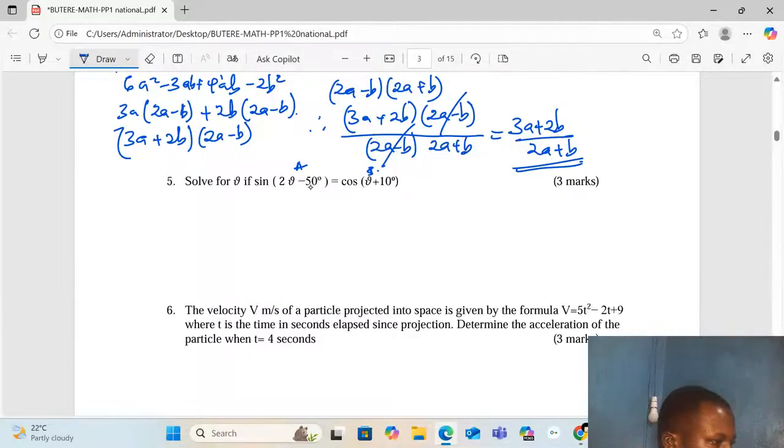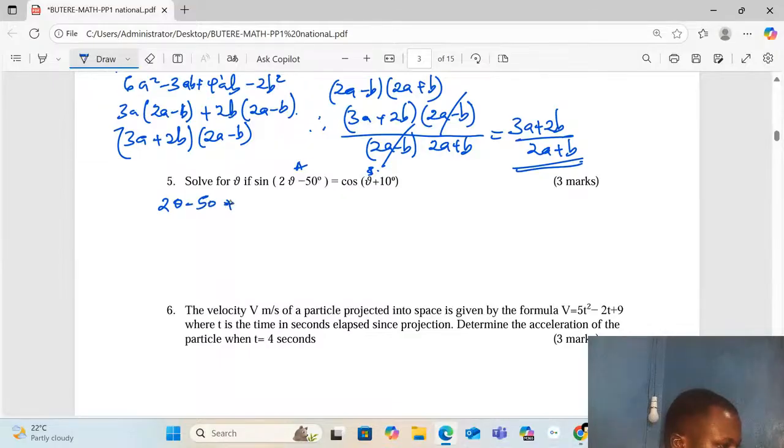So saying 2 theta minus 50 degrees plus the b, now theta plus 10, gives us 90 degrees. So this is 2 theta minus 50.